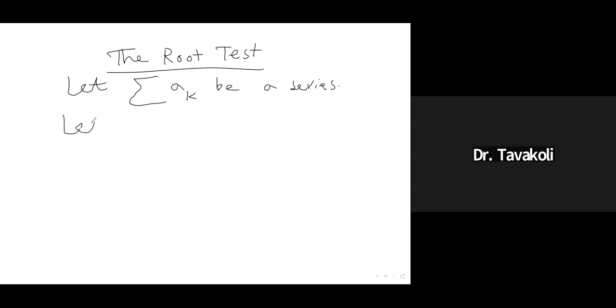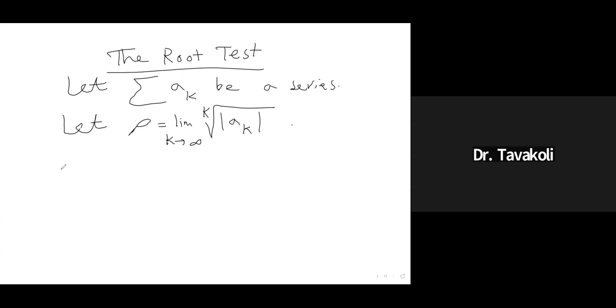Let rho, the Greek letter rho, be this limit, the limit as k tends to infinity of the kth root of absolute value of ak. To distinguish this limit from the limit in the ratio test, we use rho here. But for the ratio test, we use R.